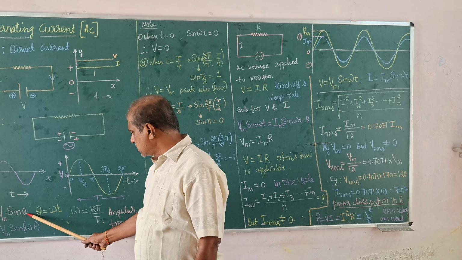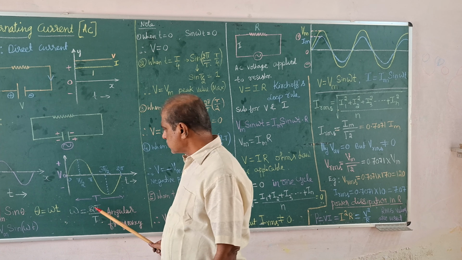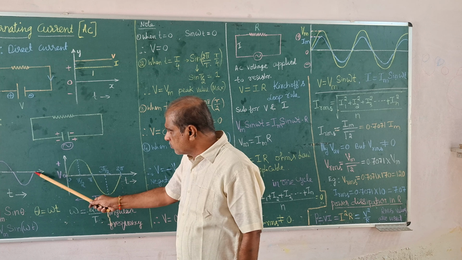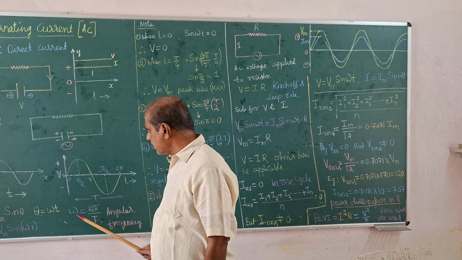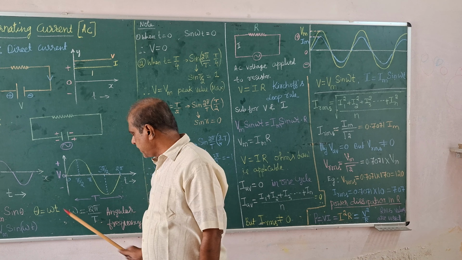The total angle from here to here, we can refer to as 2 pi, that is 360 degrees. And the total time taken from here to here is capital T, the time period.